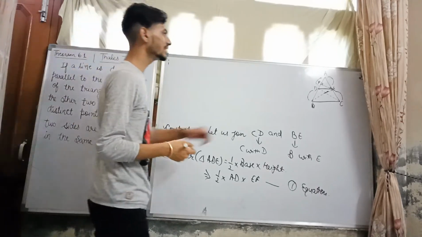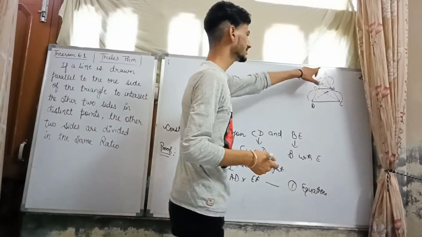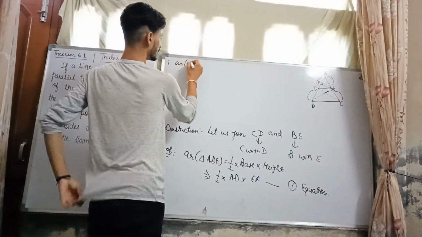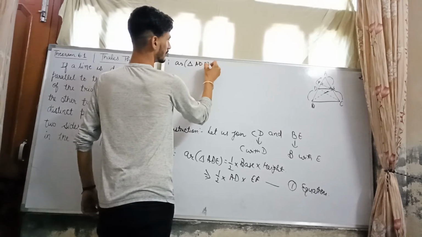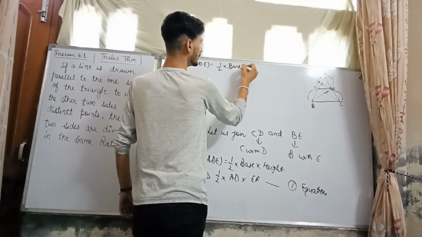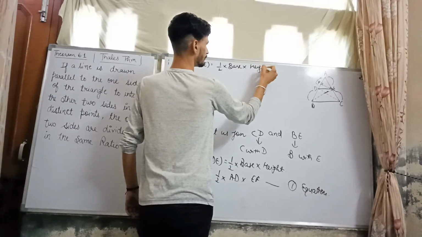For the second equation, we need side AE. Let us consider the same triangle ADE, in which the same rule of area is applicable.